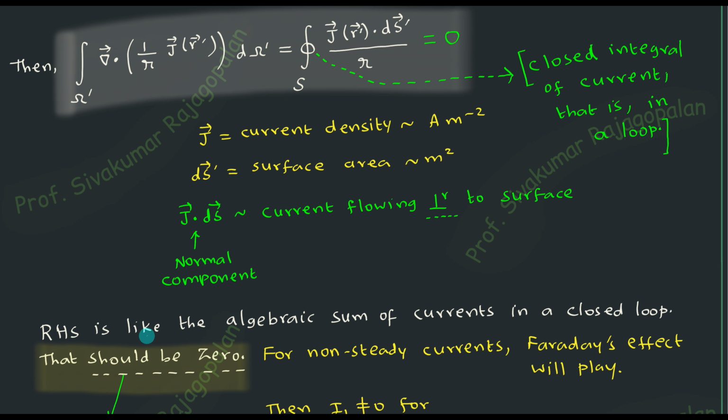So this is not a mathematical proof, but we are providing an analogous situation where you make a comparison to an electrical circuit, wherein the algebraic sum of the current in a closed loop will be 0. Where the current comes from is J dot ds. So J dot ds will provide a current, and because of the closed loop that goes to 0.